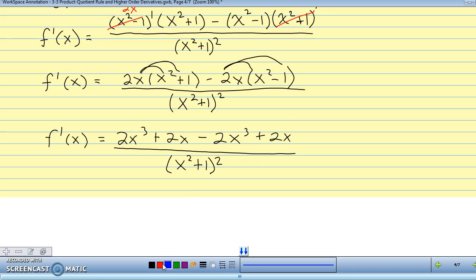Now this will happen: 2x cubed minus 2x cubed will cancel each other out, and we are left with 4x over x squared plus 1 squared. That's the answer.